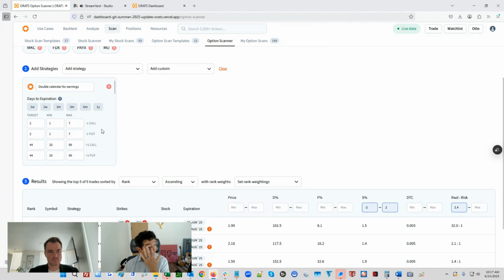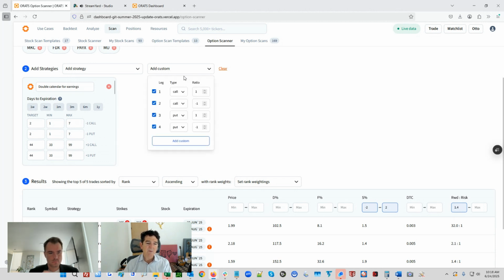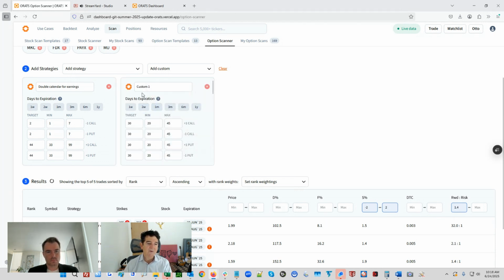Anyway, back to how do you set it up? So let's look at this. In this case, let's add a custom one. First of all, you could make your own name here. So that's kind of cool. And this follows down to here, and it also follows to your option scan.